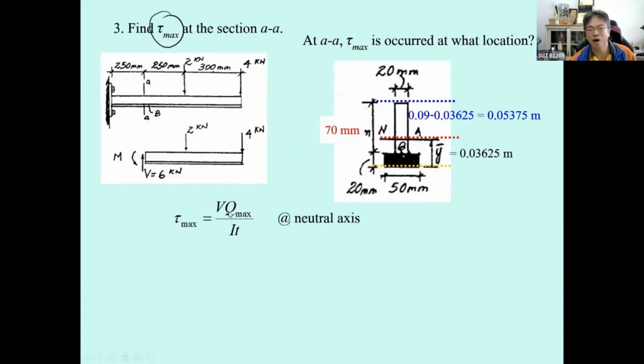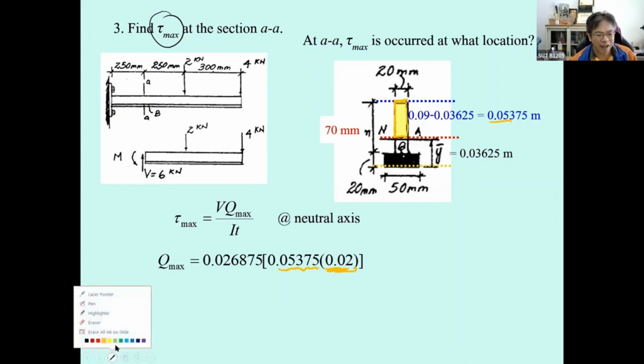So based on this, the Q will be based on this area with the width of 20 millimeter and the depth of 53.75 millimeter, and this is the moment of the area about the neutral axis.